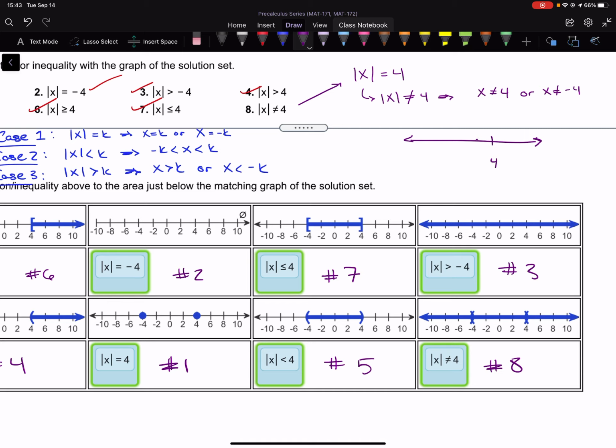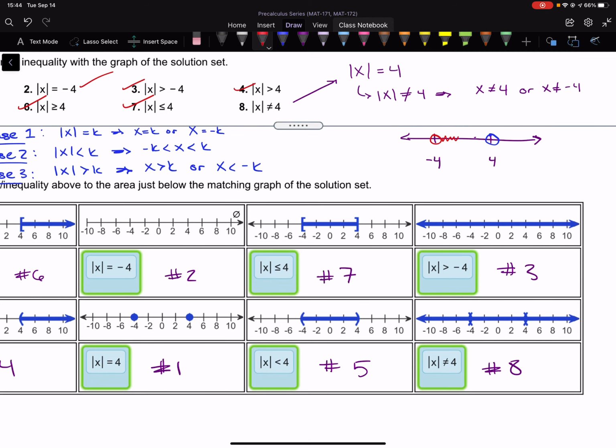Say we have 4 and we have negative 4, I like to put open circles there. In fact, we'll do different colors for the different circles so you can kind of see. So open circle. If I'm going to shade everywhere that is not negative 4, I'm going to shade right on through all of this stuff here.